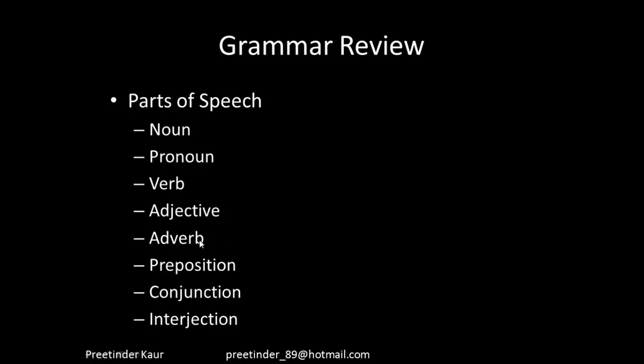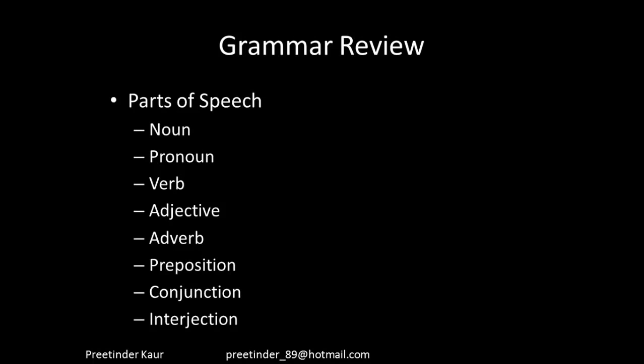So the words like very, lovingly, hatefully, intelligently, quickly, all of these words, these are the adverbs. Next, let's come to the prepositions. These are basically linking words that join these different parts of speech. For example, in, at, on, among, between. Now all these are the conjunctions.